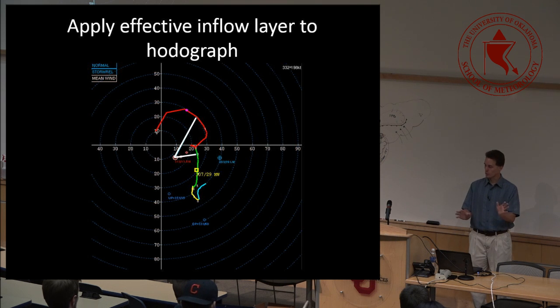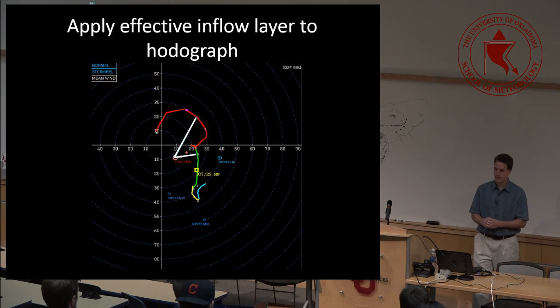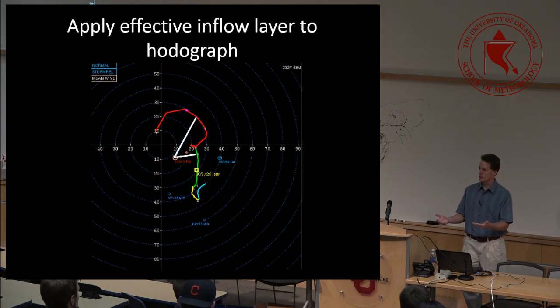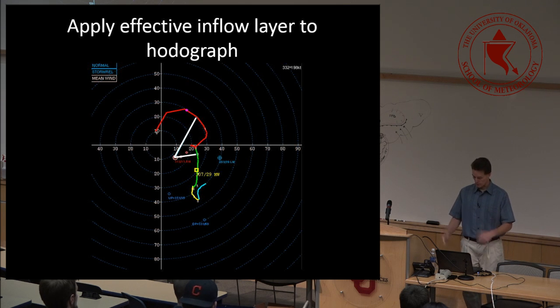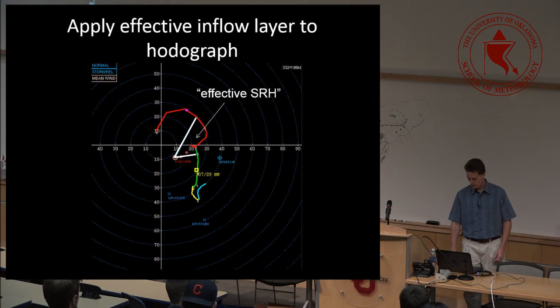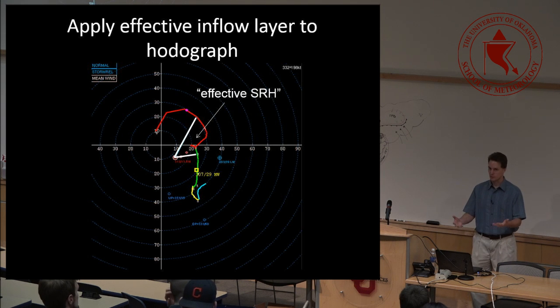You notice we're ignoring the shear in the low levels below that, because that air is not buoyant. This is a warm advection case, an elevated supercell, and we're looking at the potential horizontal vorticity in that roughly 1.5 to 3 kilometer layer. That's the air that's potentially feeding the updraft. And again, that's what we call the effective storm relative velocity.